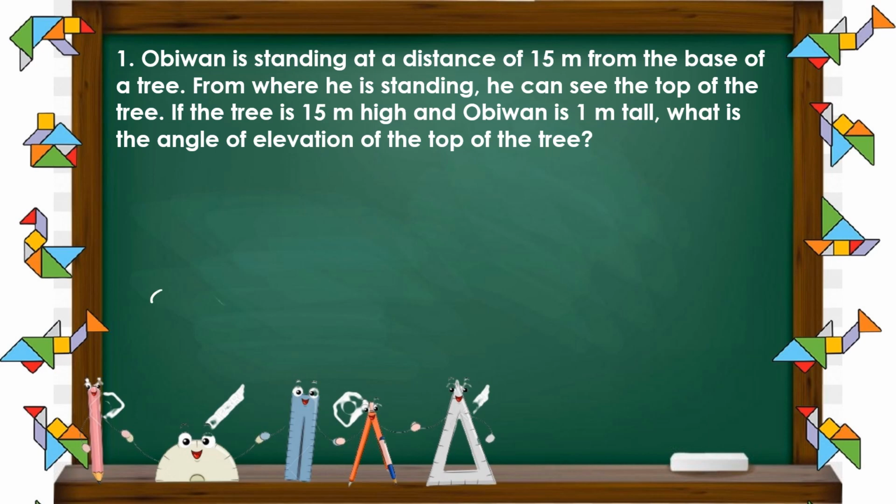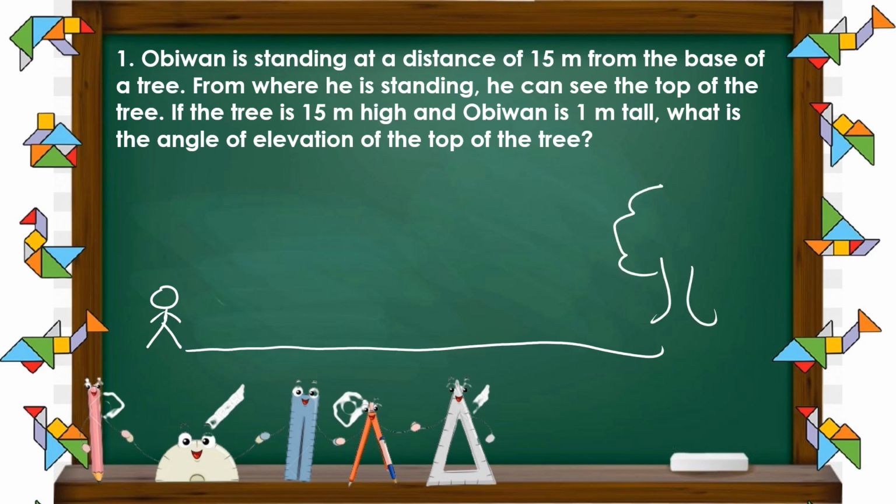So let's draw. We have here Obi-Wan. Let's draw that properly. Then we have here your tree. Then this becomes your horizontal line.